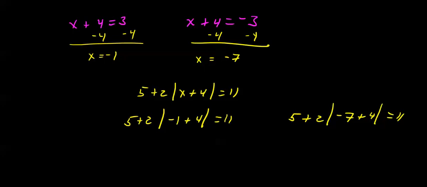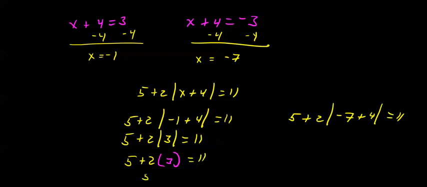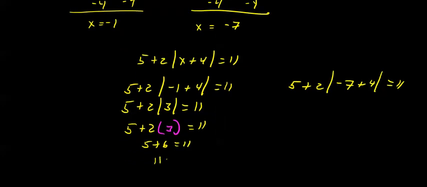So I get 5 plus 2 times the absolute value of 3. The absolute value of 3 is a positive 3. 5 plus 6 equals 11. 11 equals 11.